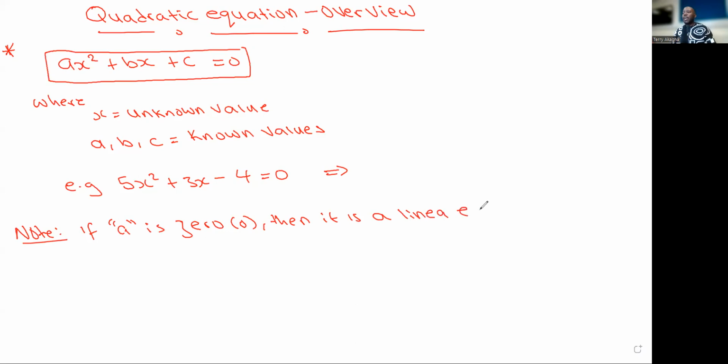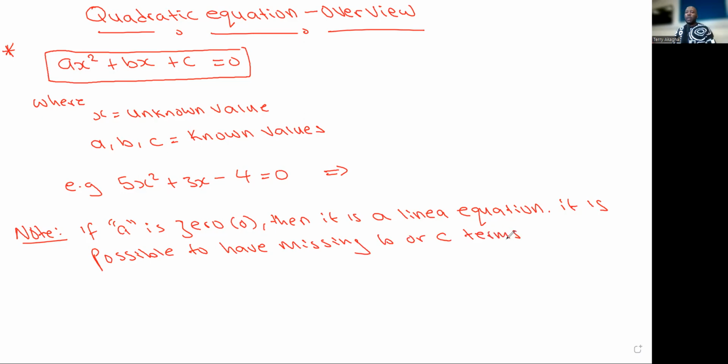So that means a can never be 0. But it's also possible to have missing b or c terms, but never a.